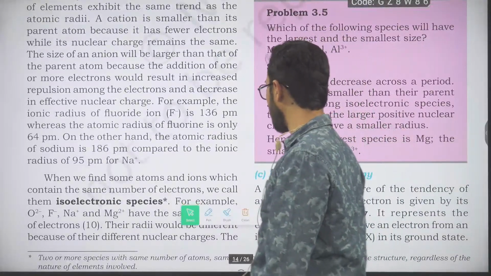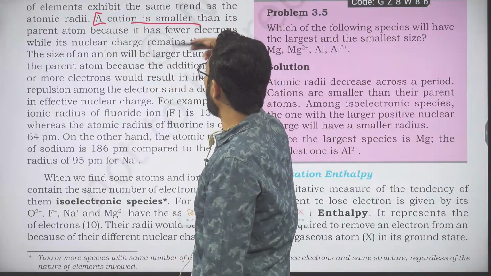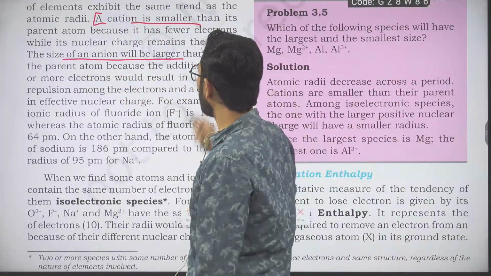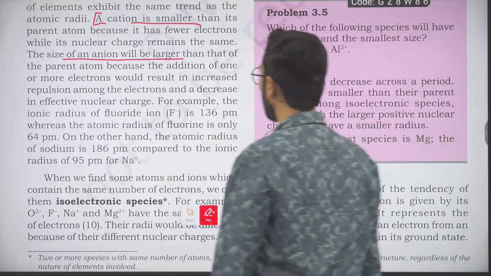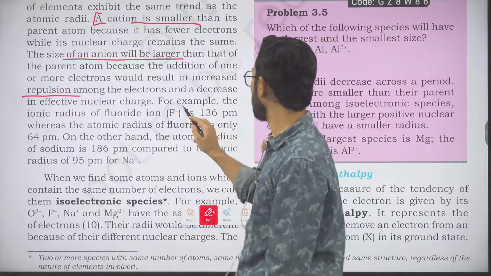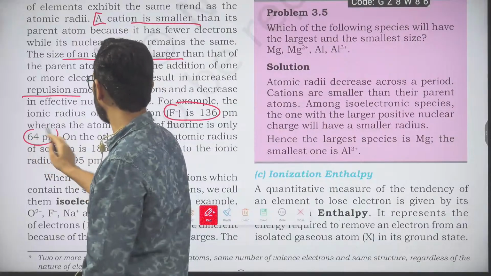Then you can read this part after class. Cation is smaller than its neutral atom, parent atom. Anion will be larger than its parent atom. Already we have discussed, reasons given there. Increased repulsions are there. Example F minus 136, atomic radius of fluorine is 64.